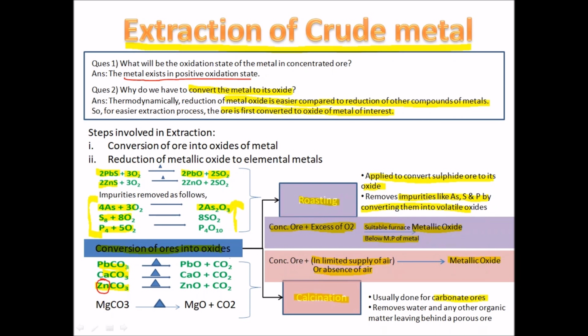For example, you have lead carbonate, calcium carbonate, zinc carbonate. On heating them, they get decomposed. What's the meaning of decomposed? It breaks down into their respective oxides and carbon dioxide is liberated. And in the last equation, MgCO3 on heating gets decomposed to magnesium oxide and carbon dioxide.